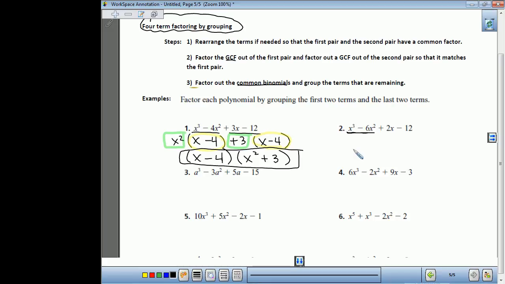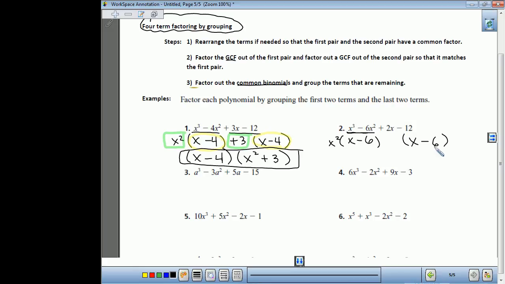Okay, what do the first two have in common? An x squared. Okay? And when we factor that out, what are we left with? X minus 6. You're right. So in the second group, we want it to match. We want it to be x minus 6.